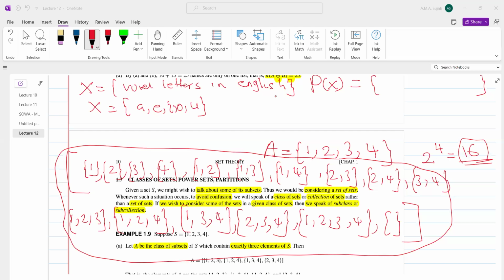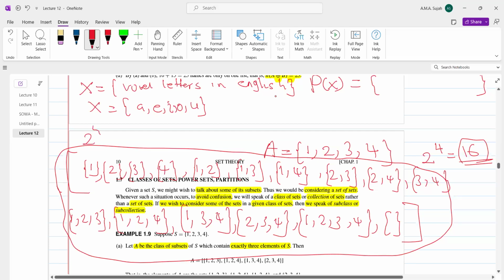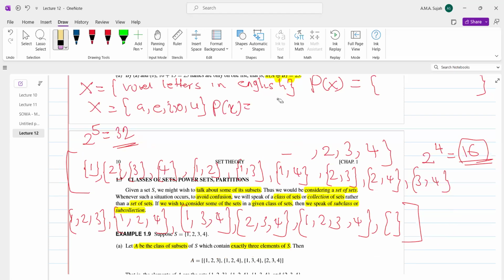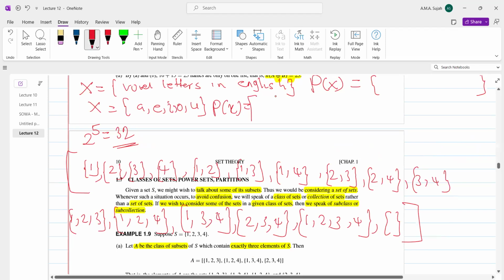If you have 5 elements, you have 2 to the power 5, that is 32 subsets. If you create a set P of X with 32 elements, we can say that is the power set of X.